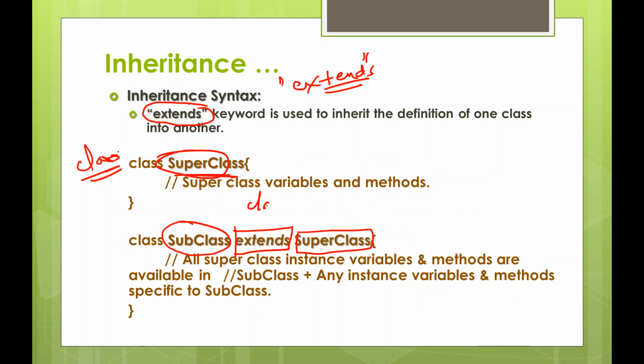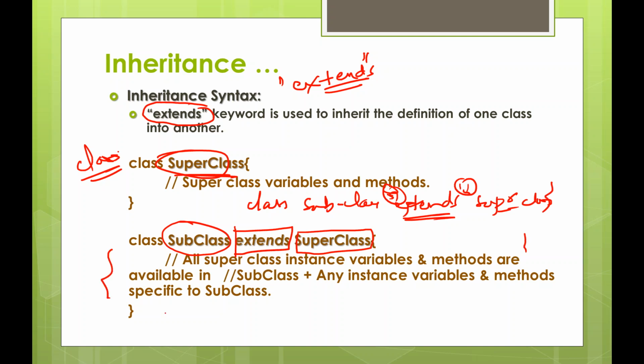That is, class, the subclass name, extends, the superclass name. You won't use double quotes here. The rest of the things are the same, like how you define the members of the subclass.